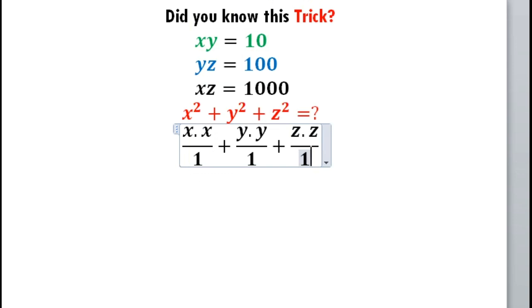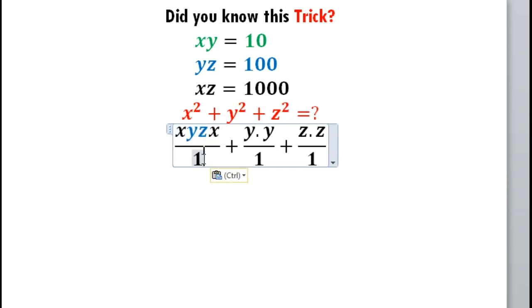Now, in this first term here, we already have the x variable, so we can introduce the y and z so that we have all the three variables x, y, and z. So we'll multiply the first term by yz. When you are multiplying the numerator by yz, you have to do the same in the denominator to balance that term.